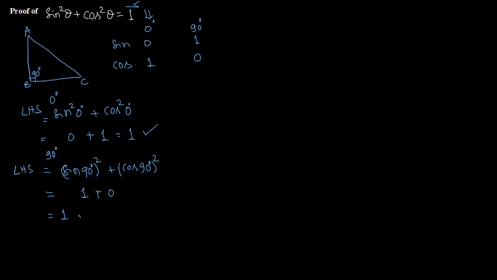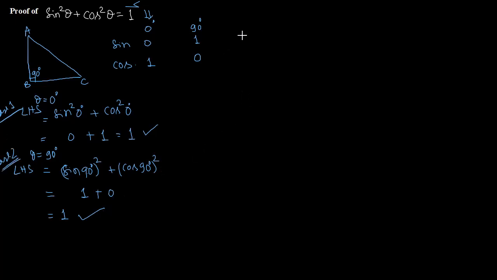So in both cases I was able to prove that sine square theta plus cos square theta equals 1, where theta here was 0 and theta here is 90. So let's call this case 1 and this is my case 2.